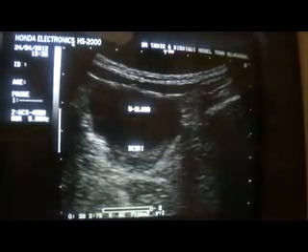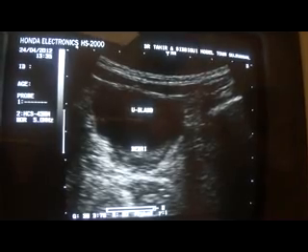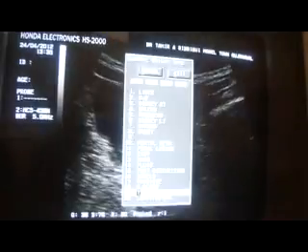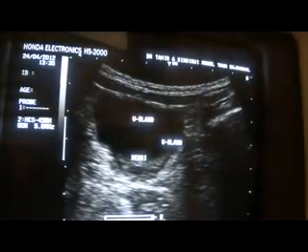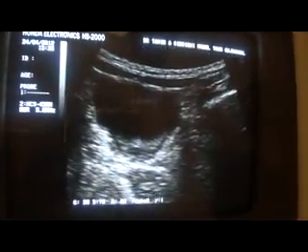Now let's have a glimpse of the kidney. This is the right kidney. This is a large view.